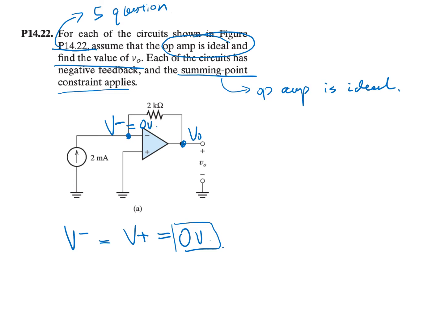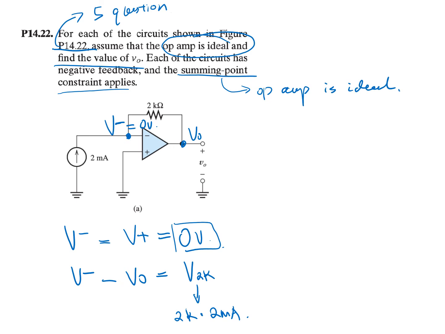For the 2K resistor, we have a voltage drop from V minus to V out. So we have V negative minus V out is equal to V2K. For V2K, we can use Ohm's law to express that. That is 2K times 2 milliamp.